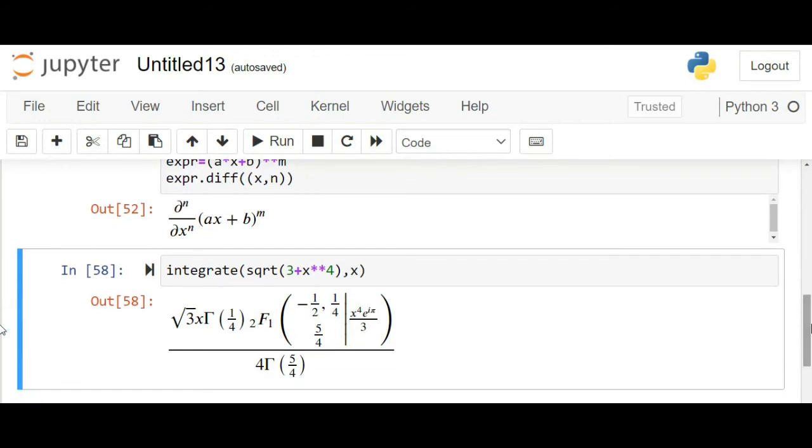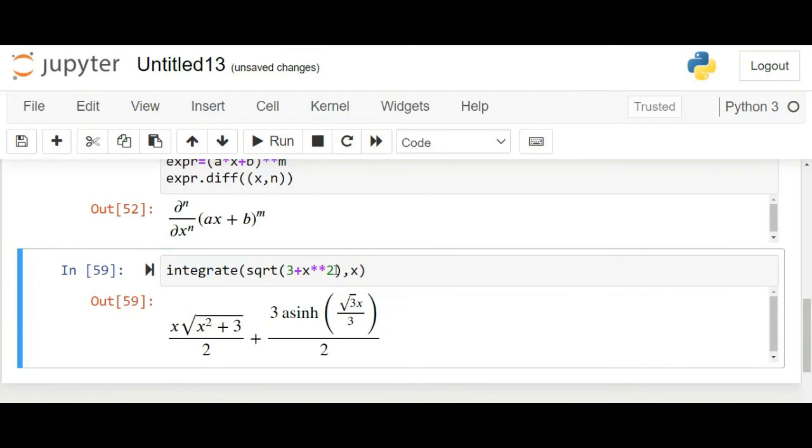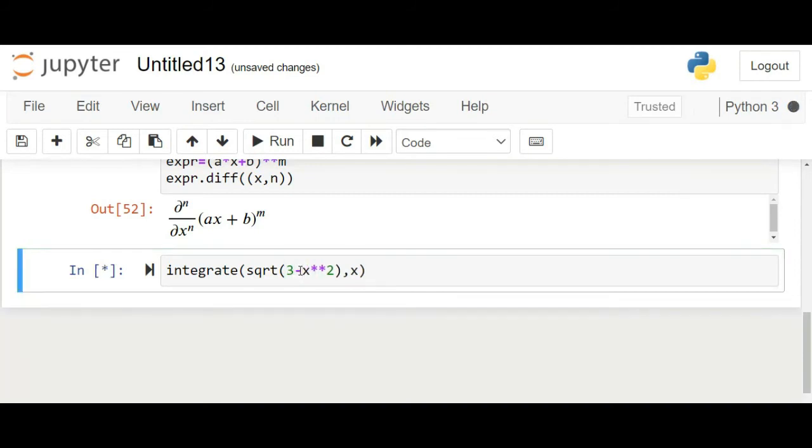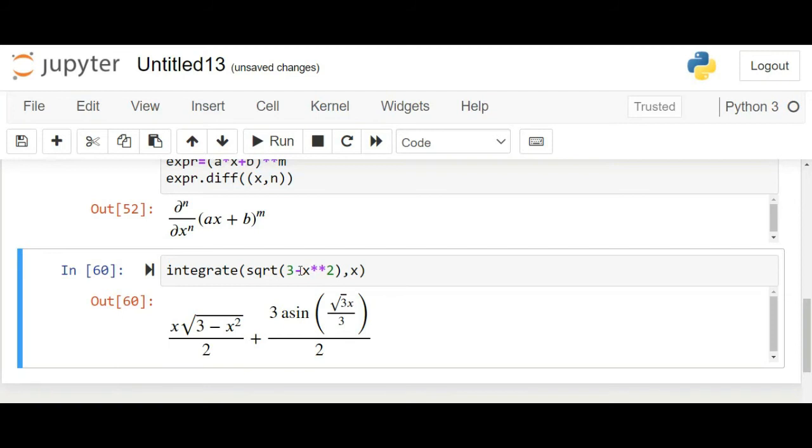So this is the integration of square root of 3 plus x4 with respect to x. And by changing it, for example, we have a little lengthy answer. For example, 3 plus x square, then our answer will be 3 plus x square, square root of 3 plus x square, and if we change the sign over here to minus, then of course our answer will change. So this is the way you can change or write any function over here.